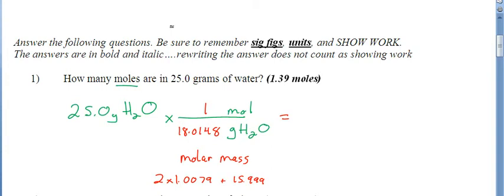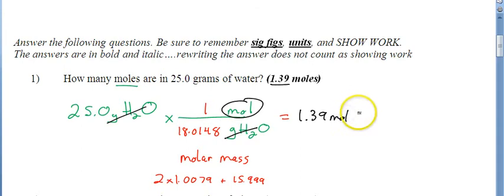This is the mathematically true statement. 1 mole is equal to 18.0148 grams of water. Again, your diagonals work out, grams of water on the top and the bottom, and you're left with moles. You can multiply this, round to proper sig figs, and you'll see that it matches our answer of 1.39 moles of H2O.